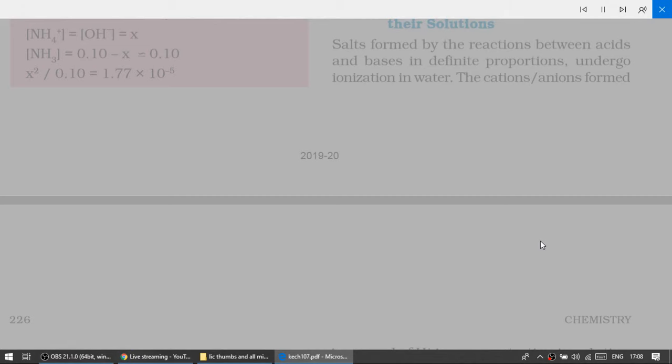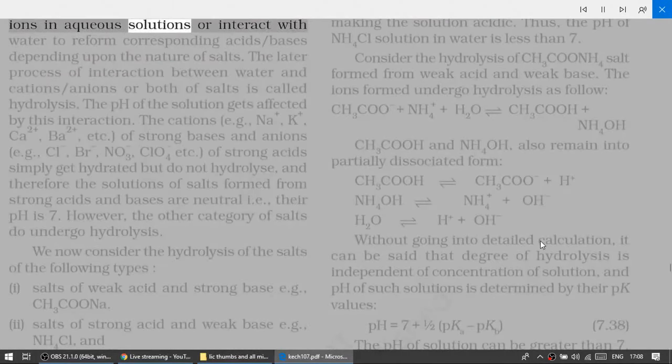on ionization of salts either exist as hydrated ions in aqueous solutions or interact with water to reform corresponding acids and bases depending upon the nature of salts. The latter process of interaction between water and cations, anions or both of salts is called hydrolysis. The pH of the solution gets affected by this interaction.